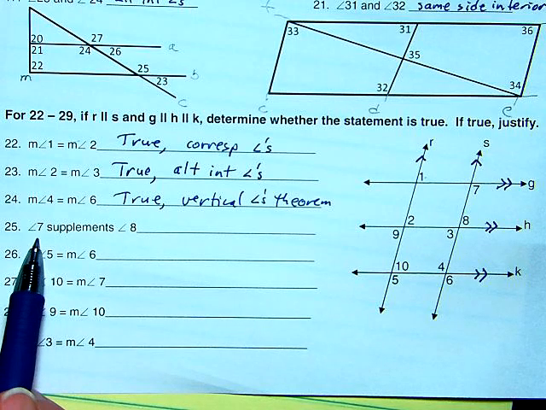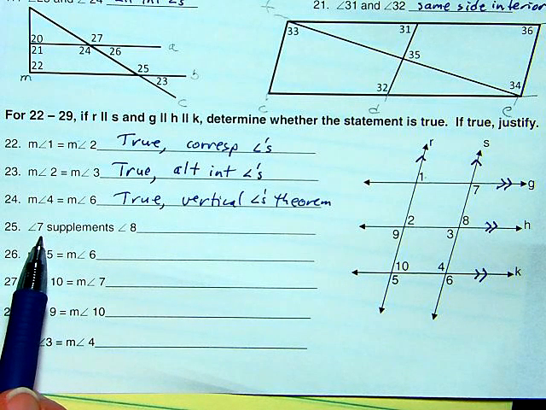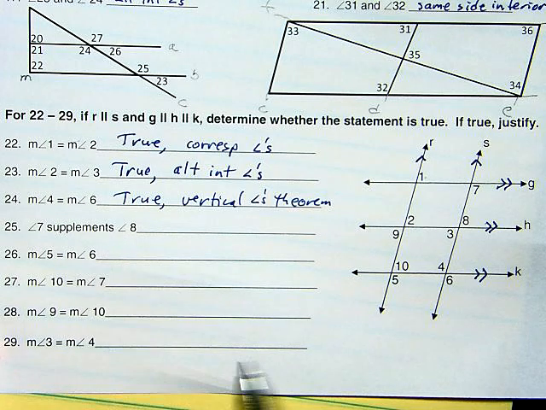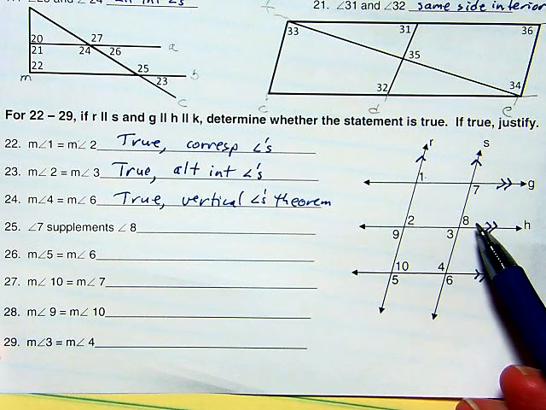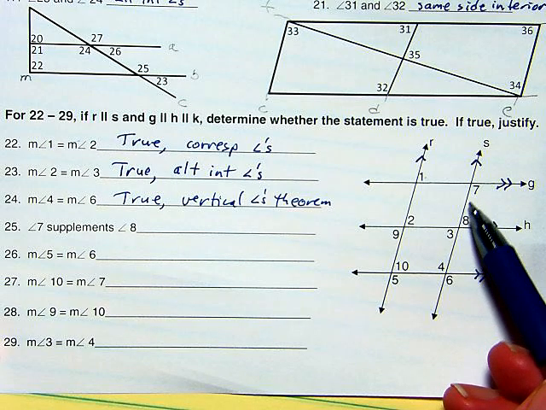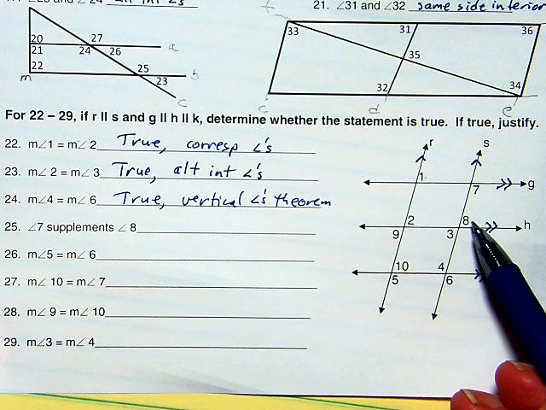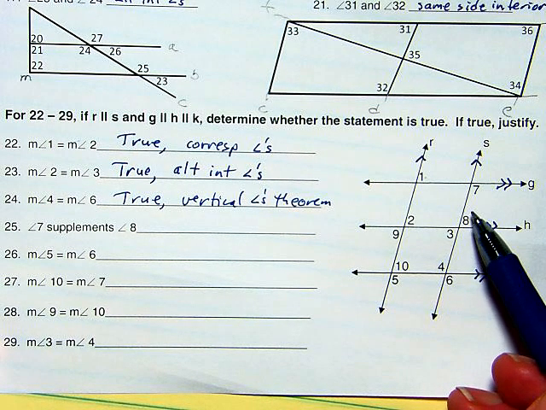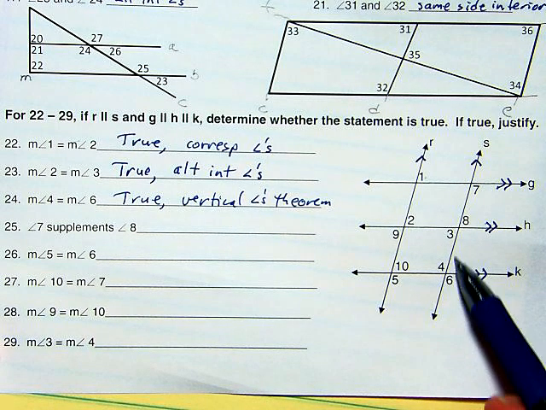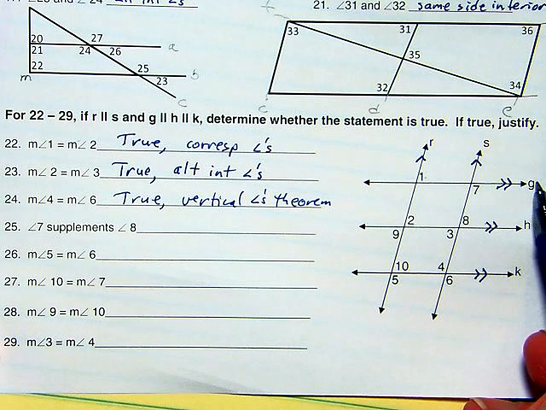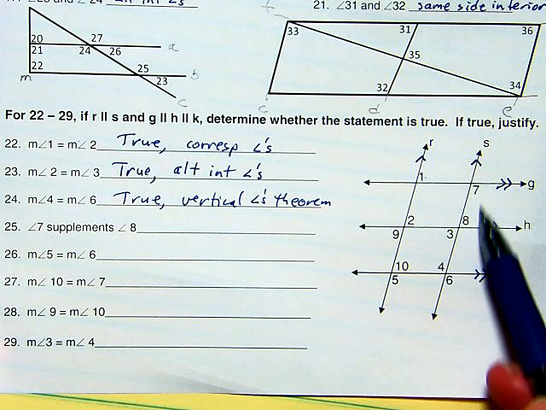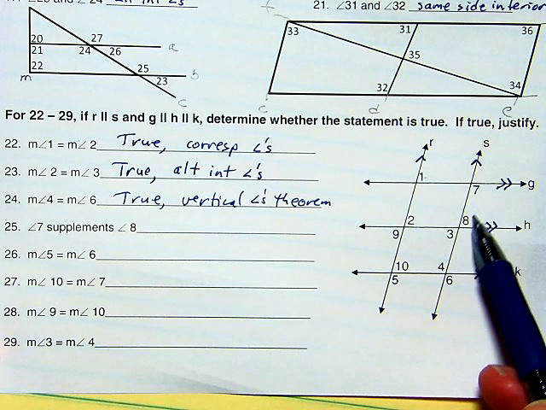Let's look at this next assertion. Angle 7 supplements angle 8. Is that true? Here's angle 7, here's angle 8. Are they supplementary? Can we prove it? Well, do they have a relationship with each other? They do. They both share transversal S, right? This line going up and down, transversal S, as it cuts across lines G and H. So 7 and 8 are between G and H, makes them interior angles.